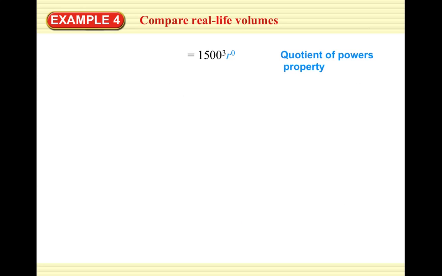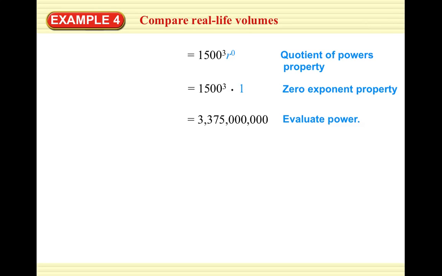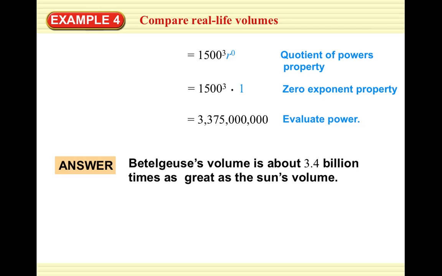So using our quotient of powers property, or basically recognizing that r to the third divided by r to the third would be 1, we end up with 1,500 to the third power, and then we evaluate that using our calculator, and the answer is 3,375,000,000 times. So Betelgeuse's volume is about 3.4 billion times as great as the sun's volume. So that's pretty substantial.